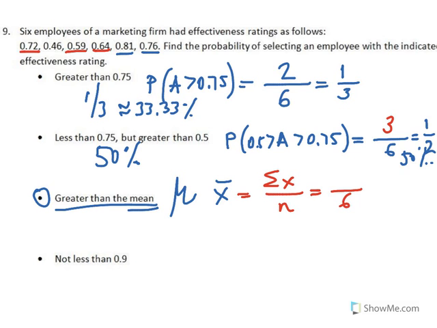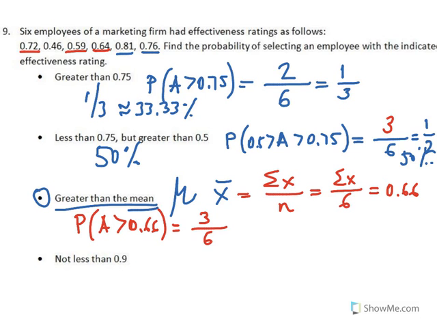The mean will be approximately 0.66. So the probability that the event A is greater than 0.66 will be, out of 6, we have 3 values, or effectiveness ratings, that are greater than 0.66, so that will be 1/2, or 50%.